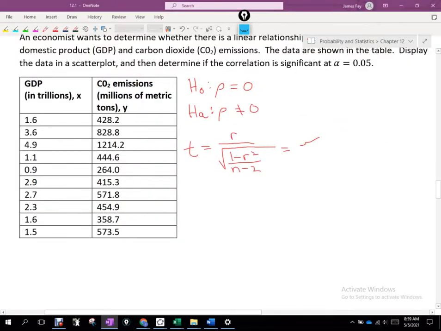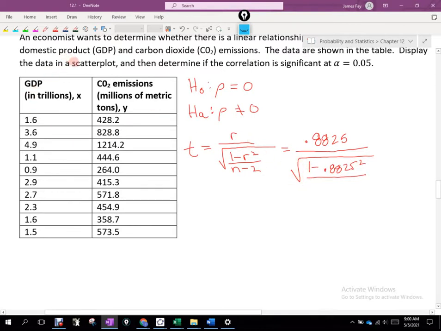So this would be 0.8825 all over. Now it'll be 1 minus 0.8825 squared over n minus 2.